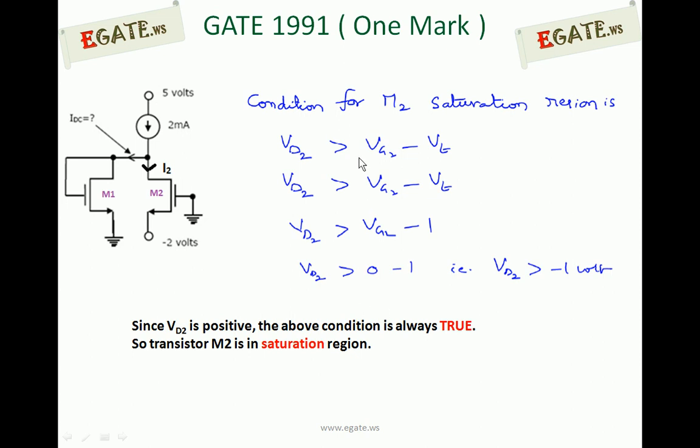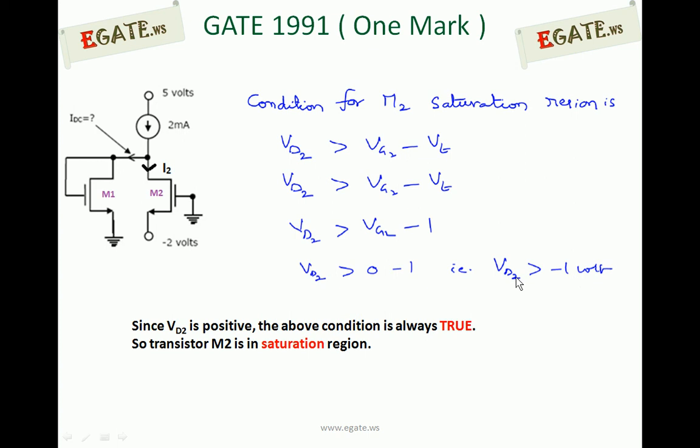So the condition for M2 saturation region is Vd2 should be greater than or equal to Vg2 minus Vt. Vt is 1 volt, and Vg2 is the gate of M2 transistor, which is at 0 volts. So 0 minus 1 is minus 1 volt.